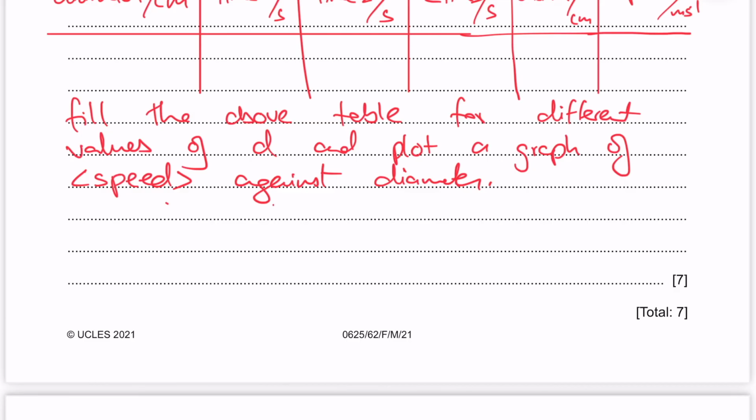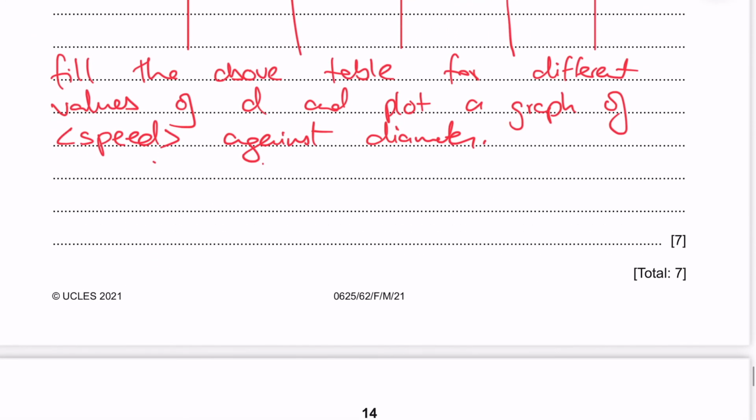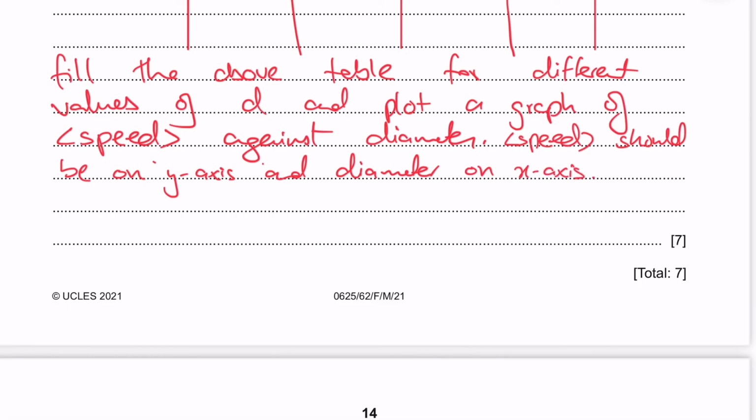You can also mention the axes. Remember, if speed is dependent, speed should be on the y-axis and diameter on the x-axis.